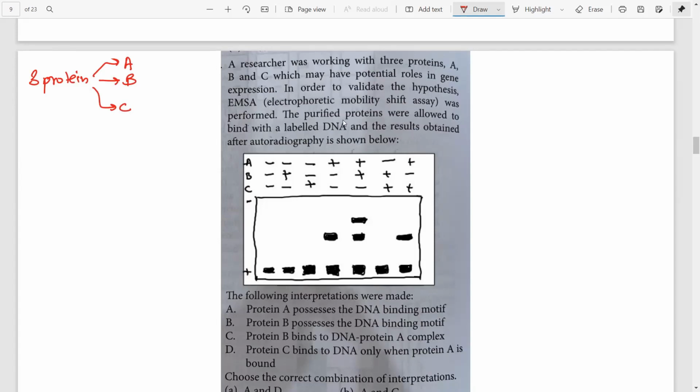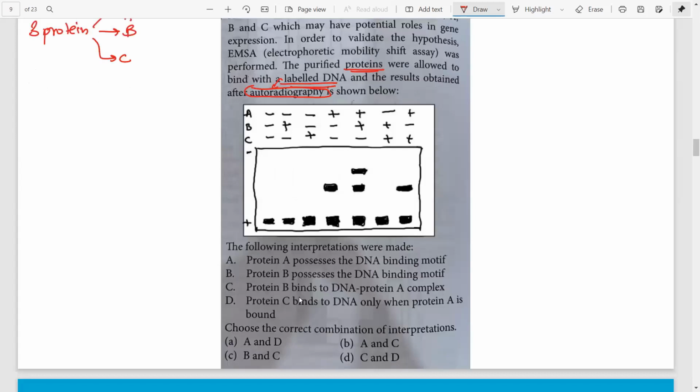The purified proteins were allowed to interact with the labeled DNA. So they incubated these 2 and they did autoradiography. Why is this possible? Because they had labeled the DNA. So definitely to observe bands, they did this method. Fine. So now you have to see which of these interpretations can be made and answer the questions properly.